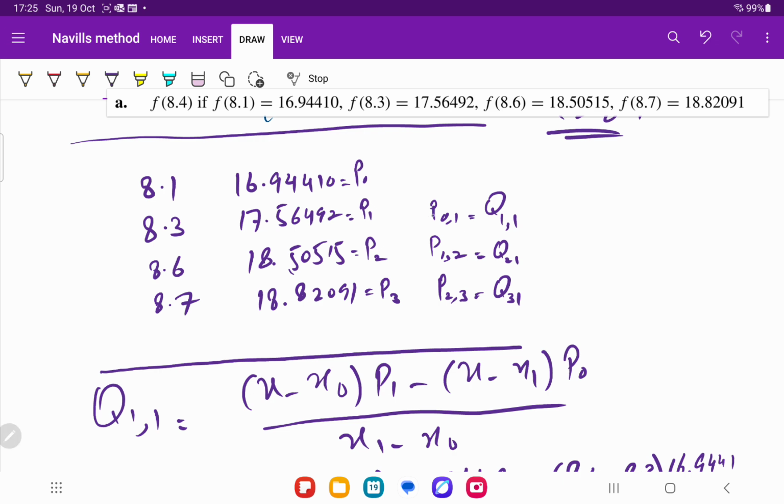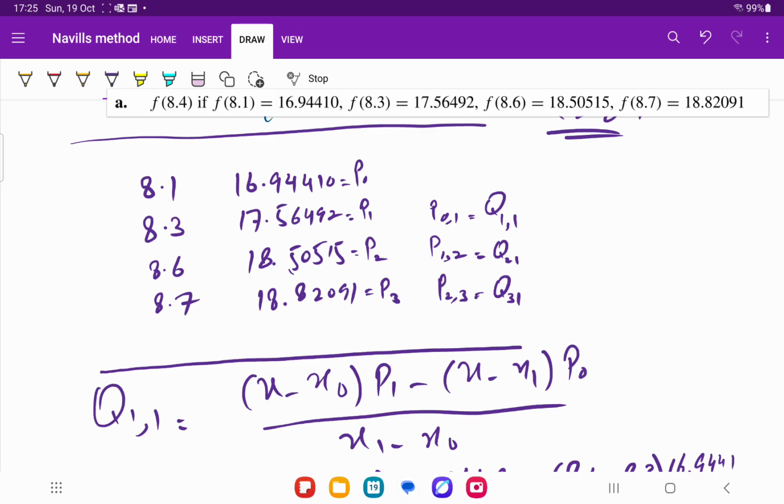For example, P01 means it is indicating that you are using x0 and x1, and the next one is P12. When you are talking about P12, it means you are going to use x1 and x2, these 2 points.